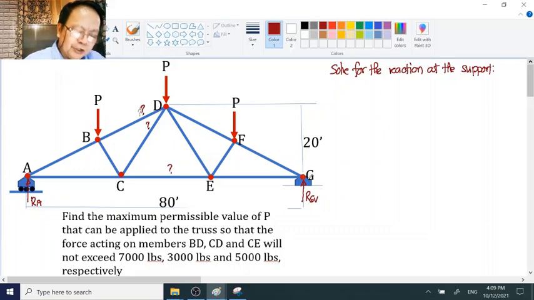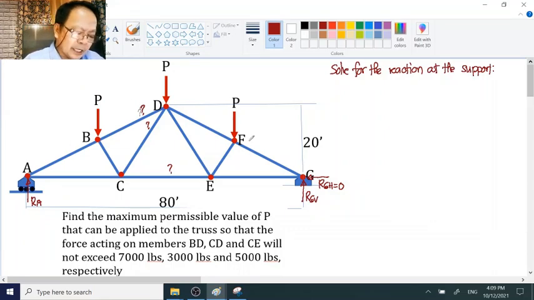And because G is a hinge, we would expect that there should also be a horizontal component which we shall call RGH. Pero dahil wala naman tayong nakikitang externally applied load sa structure, then automatic itong ating horizontal component ng reaction sa G ay magiging 0.